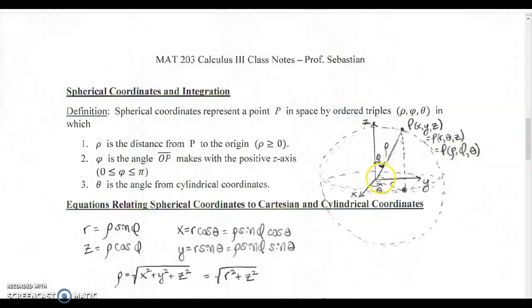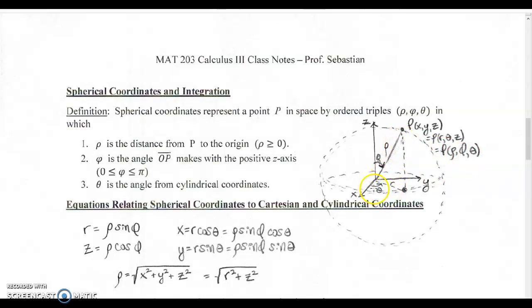Now, rho is the distance from the origin to the point, the straight distance from it, not its shadow down on the xy plane, because that's what r is. And then phi is the angle measured from the positive z-axis, down to the ray that gives us rho, the distance out to the point.